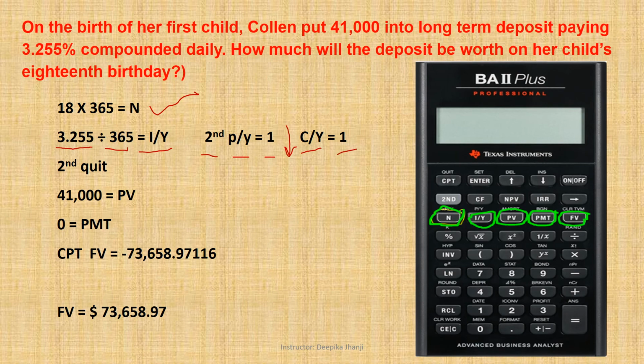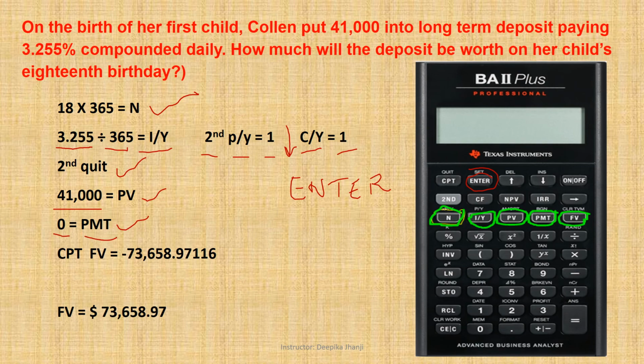If it is not 1, enter 1 and then press enter. Okay, this is the enter key. Then quit using the shift key. Then the next value should be PV. So input 41,000 and press PV. Again, for compound interest questions, PMT should be 0. So input 0 and then press PMT.